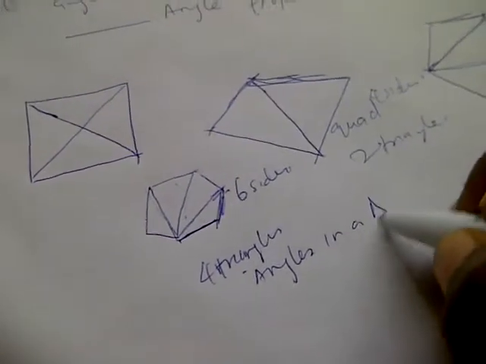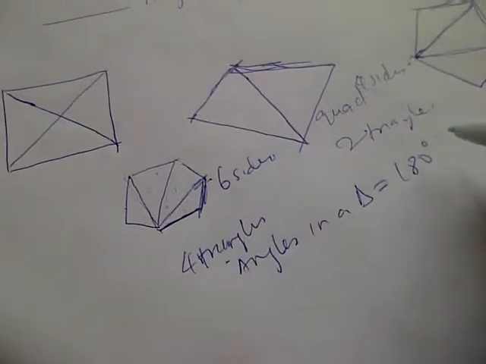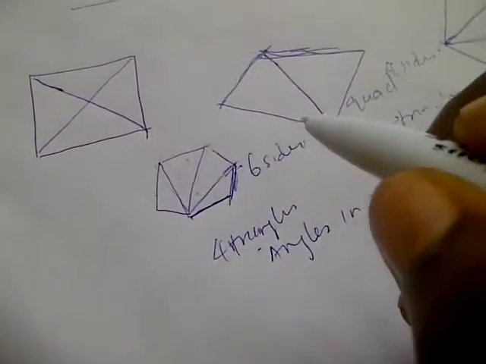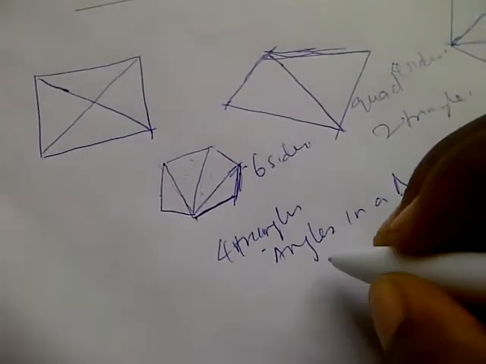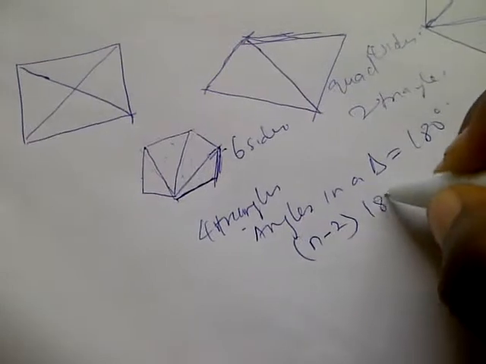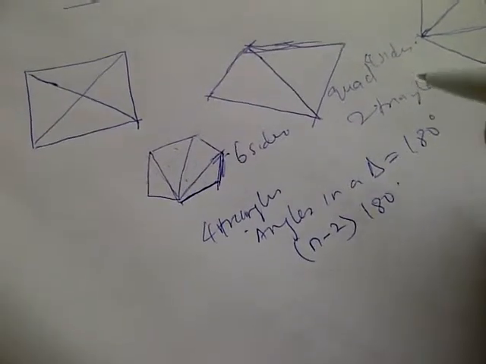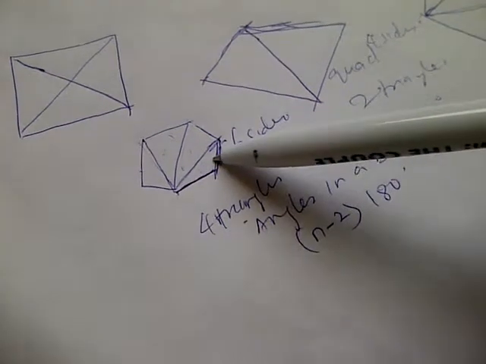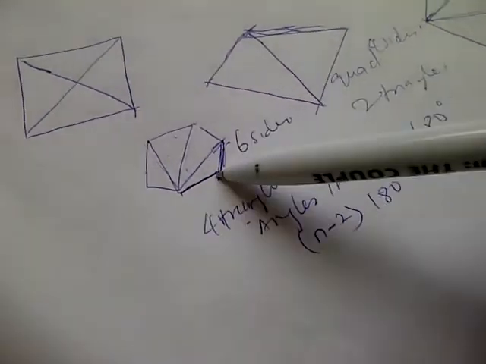For us to be able to calculate the interior angles of a polygon, we'll use this formula: n minus 2 times 180. That's calculated from the number of triangles you can form from that polygon.